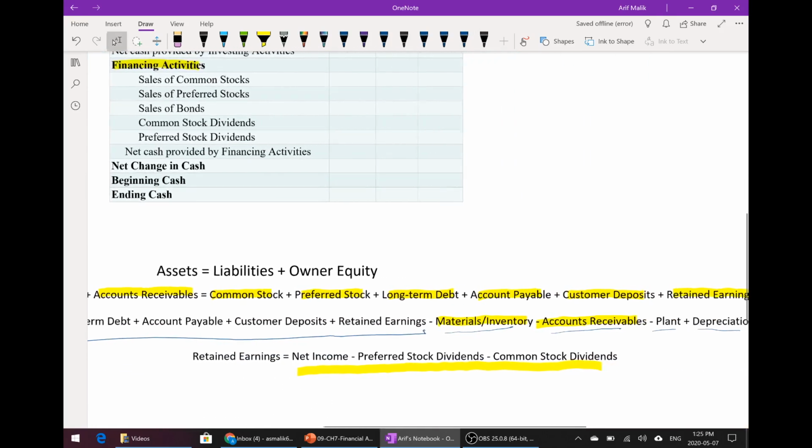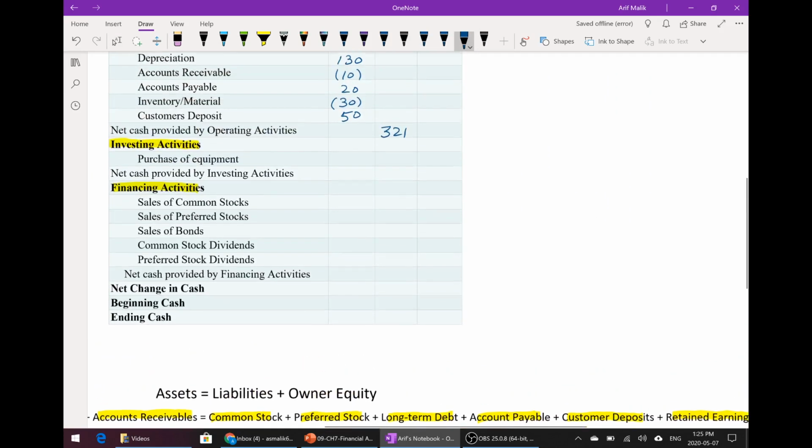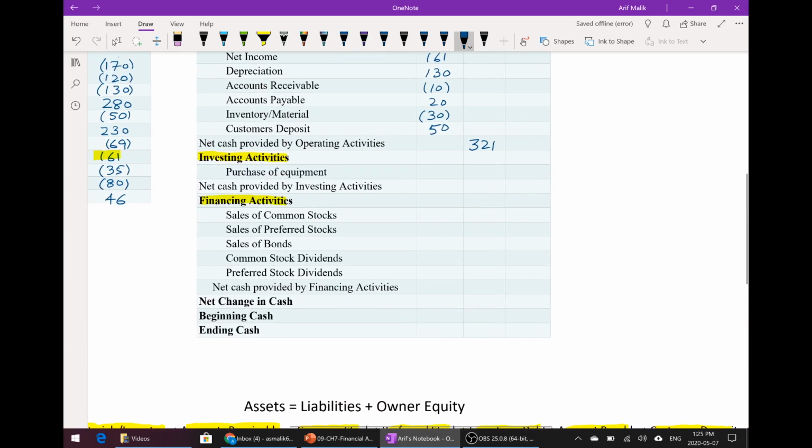So we put purchase of equipment as negative 2500, and the net cash provided by investing activities is then negative 2500.